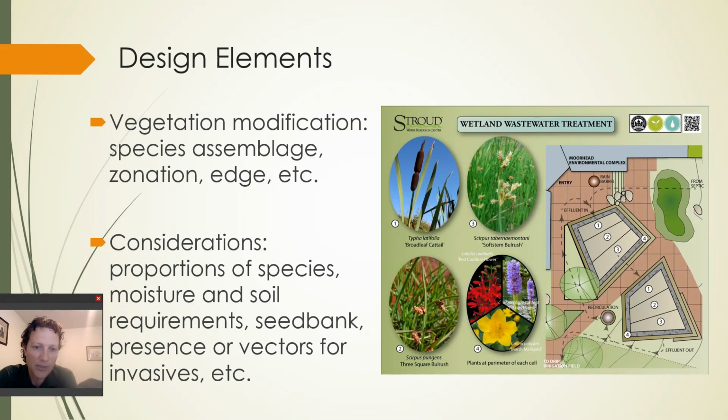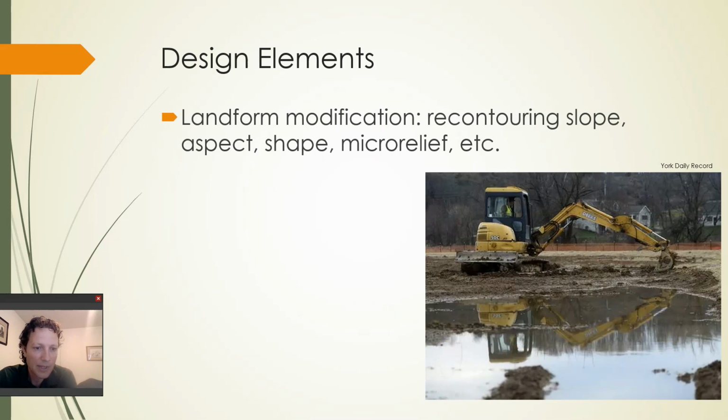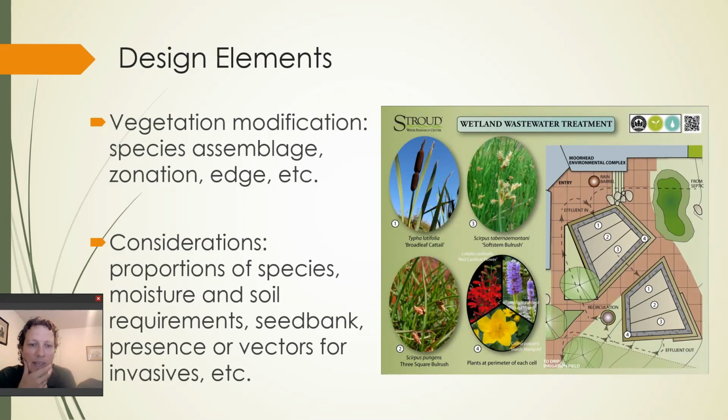And you cannot do so without making sure that the landform is appropriate to that community of species, that you've dealt with the type of slope, aspect, etc. that those plant communities need, and that you've dealt with their soil requirements, you've dealt with the seed bank, and then importantly, you've also dealt with the presence or potential presence of invasive species.